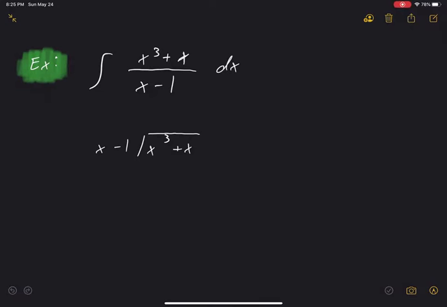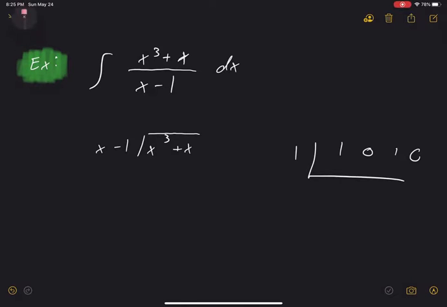A word of warning, some of you might prefer synthetic division. If I was going to do this by synthetic division, it would be set up like 1, 0, 1, 0, something like that, and I have 1 over here, and you do this weird method of finding the answer.